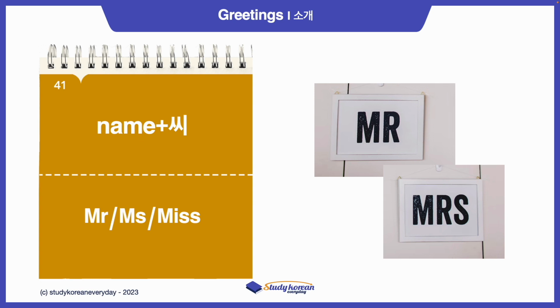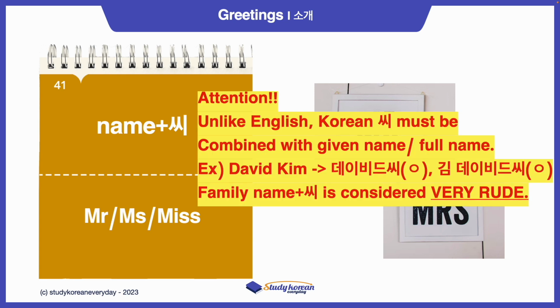Name with 씨. 씨 is a Korean title which refers to Mr., Miss, and Mrs. in English. But we do not have gender in the title, so we only have one word, 씨. And attention! Unlike English, the Korean title 씨 must be combined with either a given name or a full name.